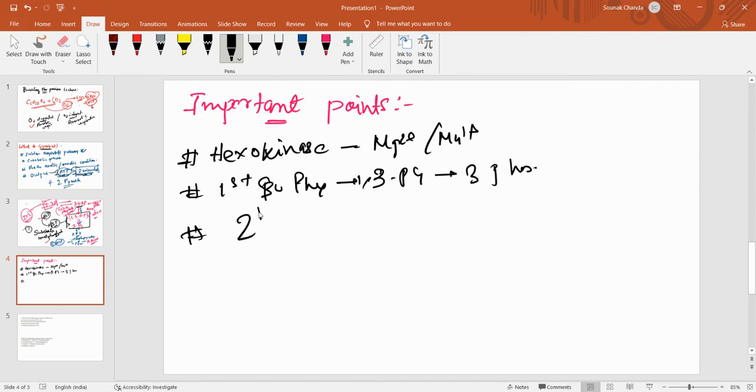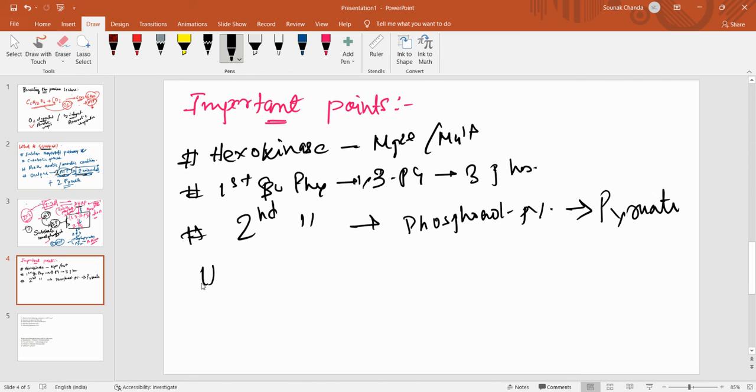And the second substrate level phosphorylation occurs from phosphoenol pyruvate to pyruvate. And glycolysis occurs in the cytosol.